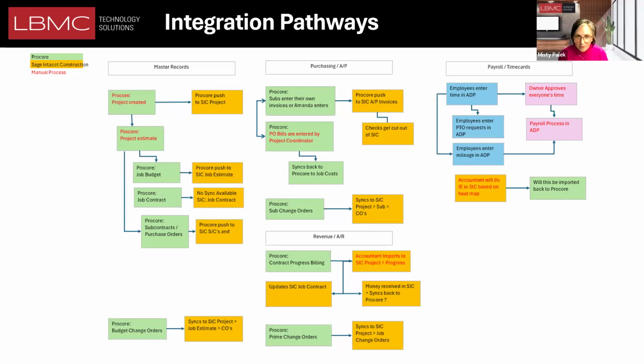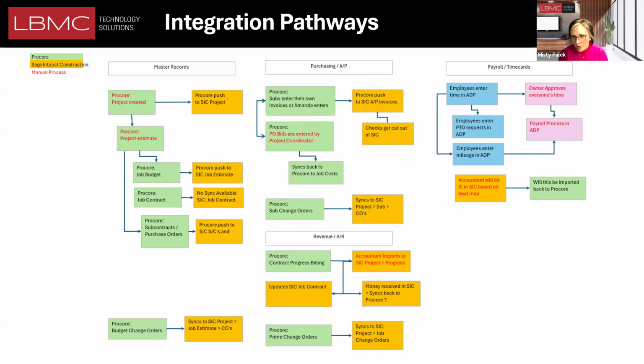It was a really fun project, really enjoyed it. But this was the integration pathways map that we came up with. And this isn't just about the touch points and which way they're going. Are they one way or bi-directional between the different systems? It was more about a task list of items that needed to be done for this employer and how those were going to get accomplished.